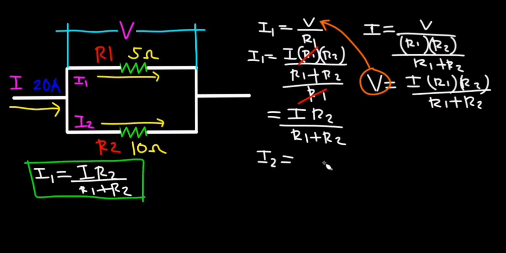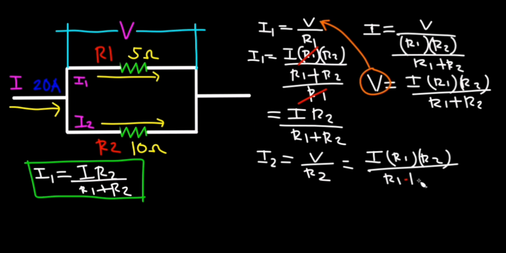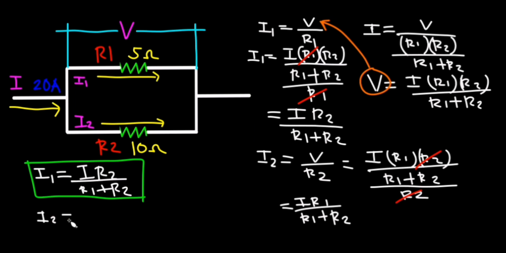Then for I2, it is equal to V over R2. Again use the value of V to solve for I2. Here, R2 will be cancelled out. So the formula will be I2 is equal to I total times R1 all over R1 plus R2.